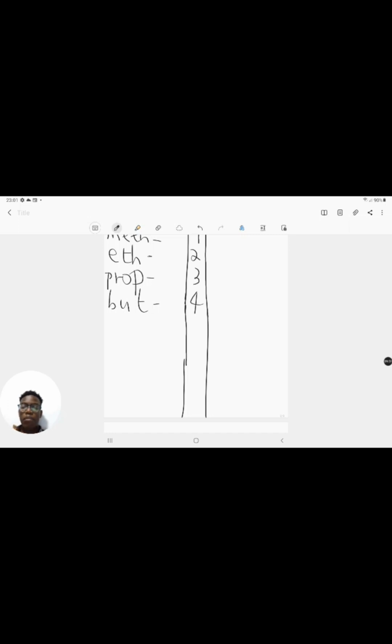The next name is pent, and pent means 5. The next name is hex, and hex means 6. The next name is hept, and hept means 7. The next name is oct, and this is the last one that I'm going to focus on. Oct means 8.